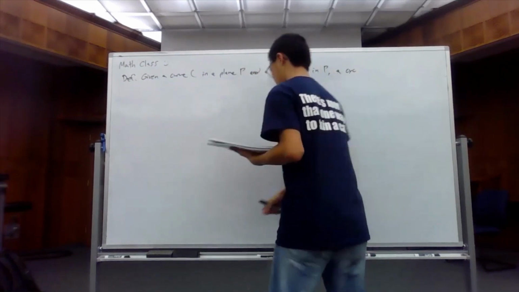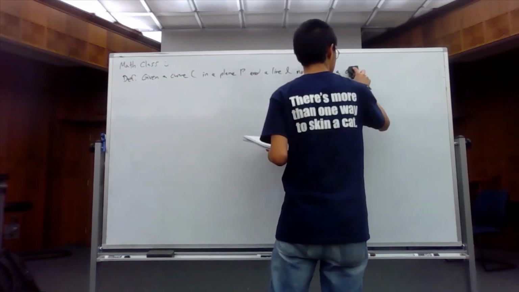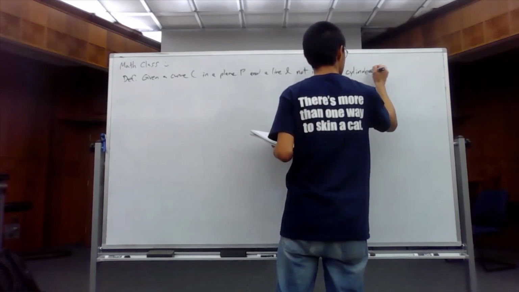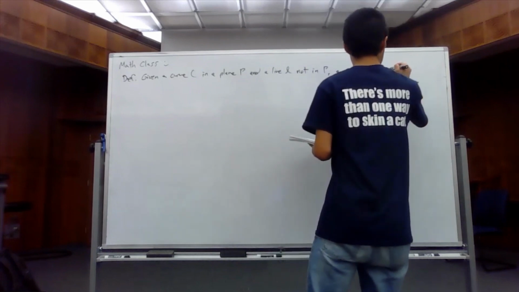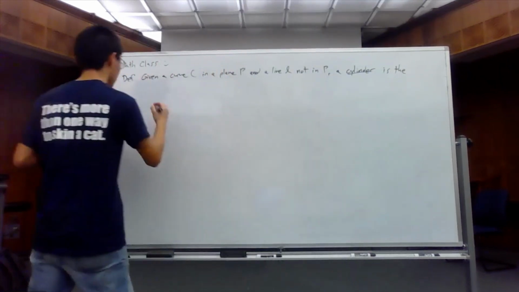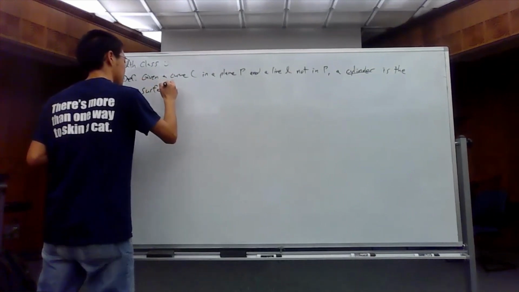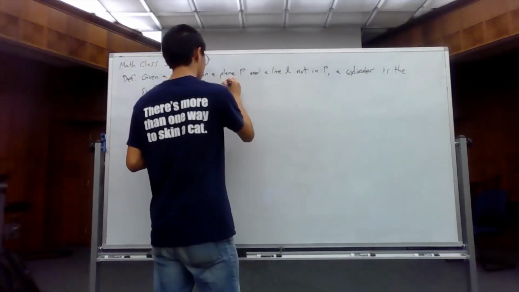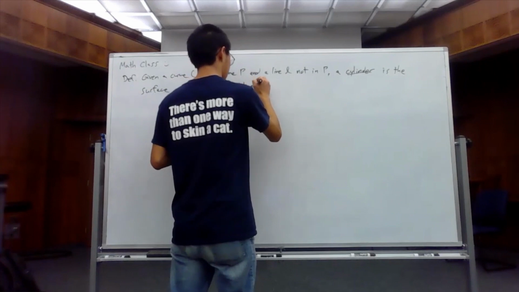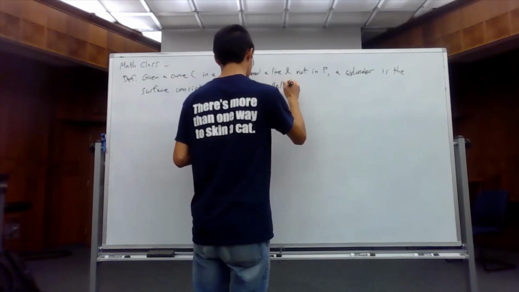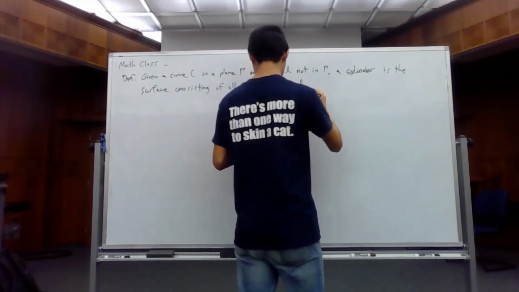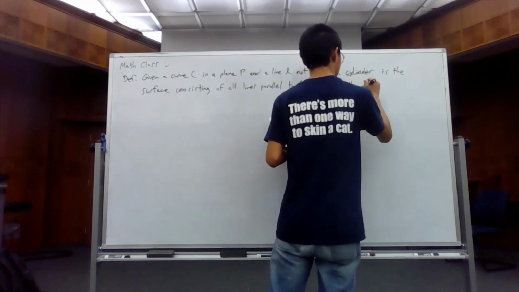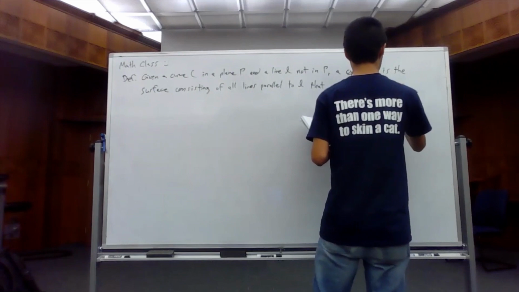A cylinder is the surface consisting of all lines parallel to the line L that pass through C. Pass through, and if you recall, C is that original curve that we started with.